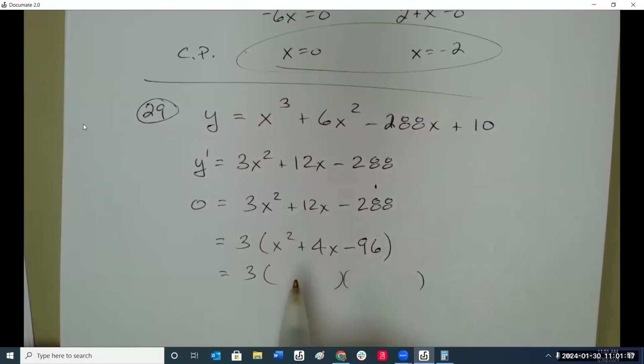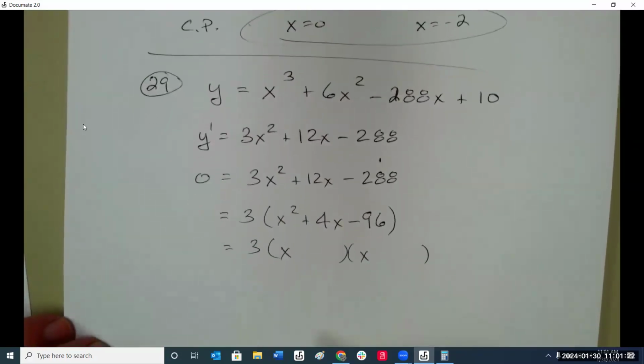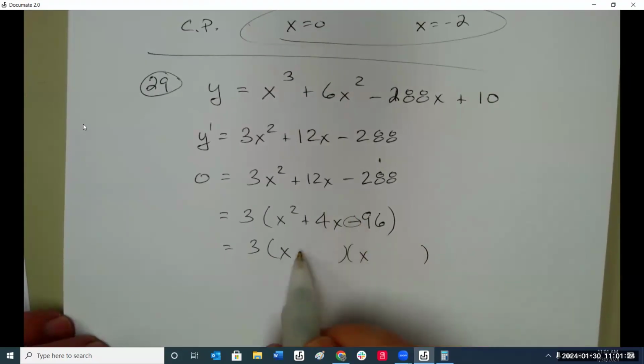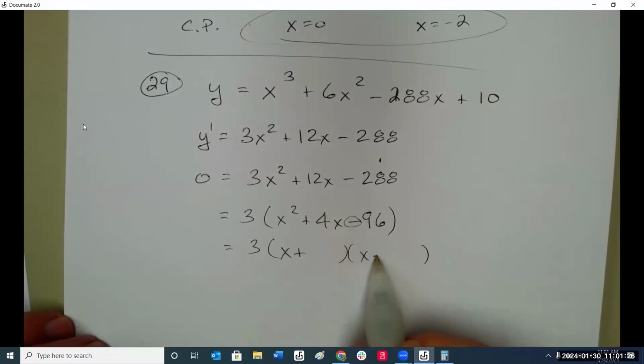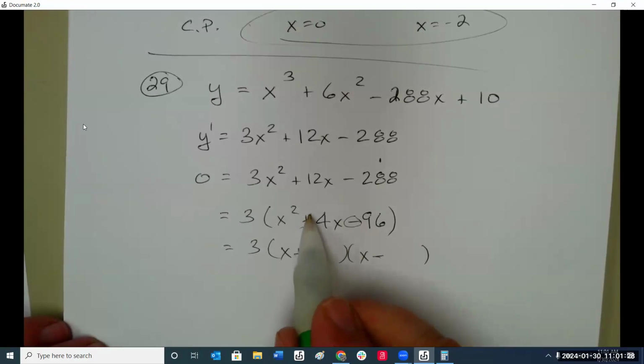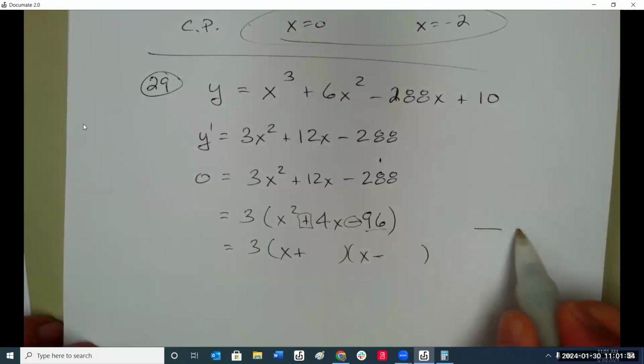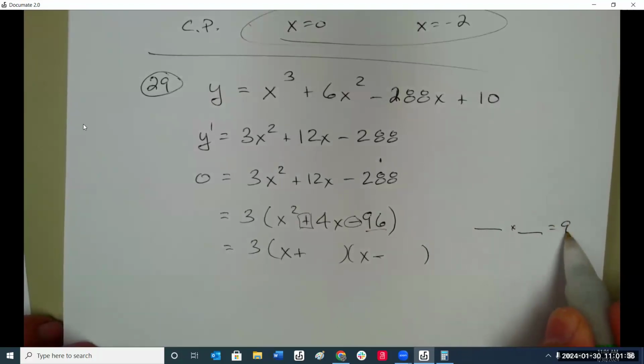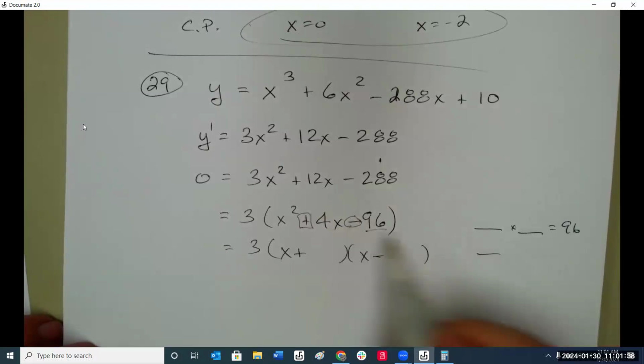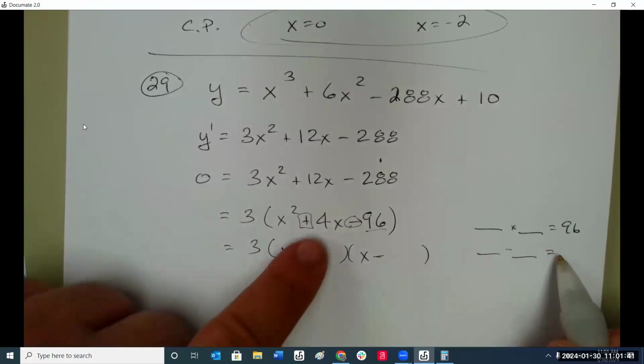Let's see if we can factor this. Since the second sign's a minus, that means the signs are opposite. And the bigger number gets the plus. So what two numbers multiply to equal 96, and when I subtract them, I get 4?